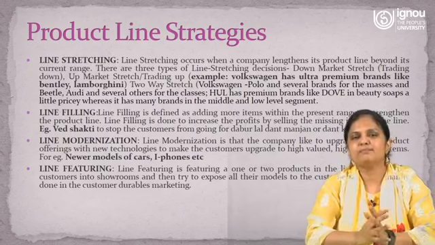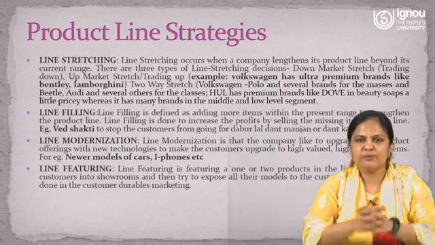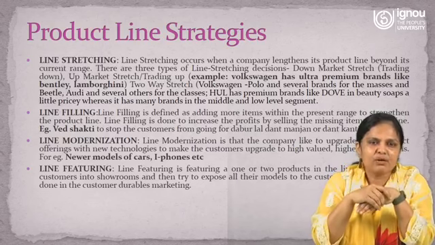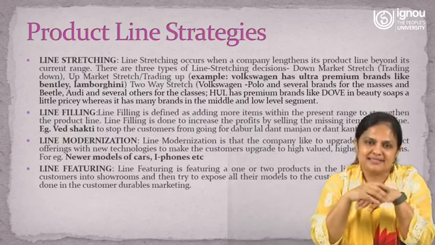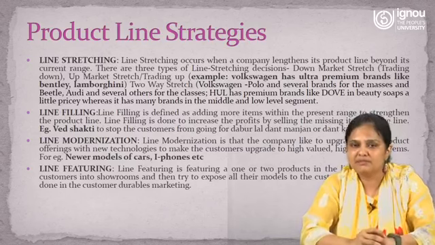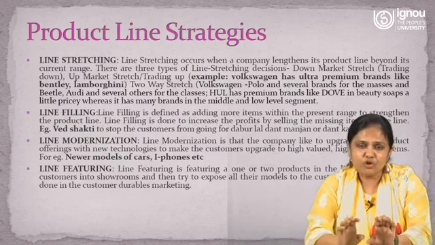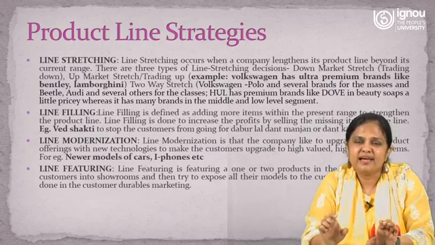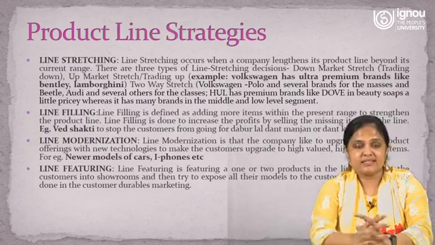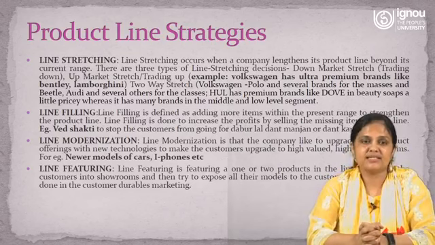Again, if you take the example of Volkswagen, the Polo and several other brands are for the masses, and other brands like Beetle, Audi, Lamborghini are for the classes. Even if you take the example of HUL, Hindustan Unilever Limited, in soap they have premium brands like Dove, and other brands also are there. The next product line strategy is line filling.